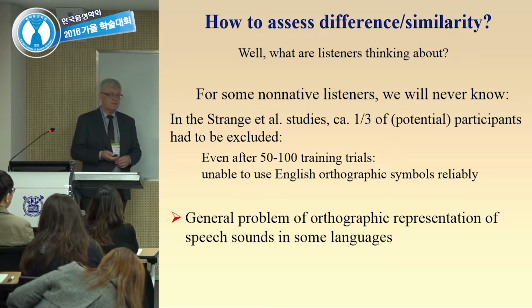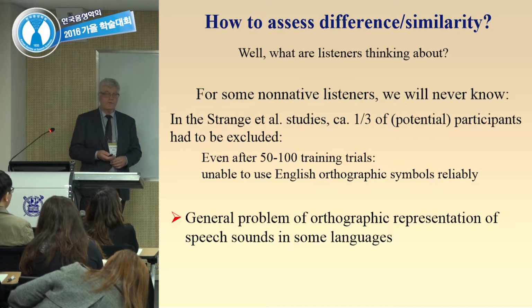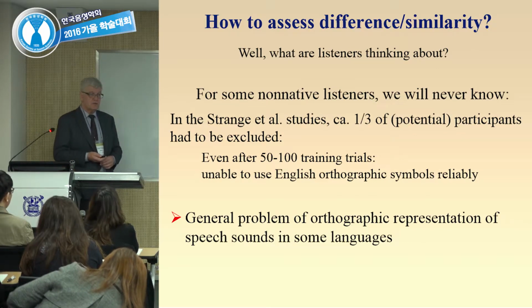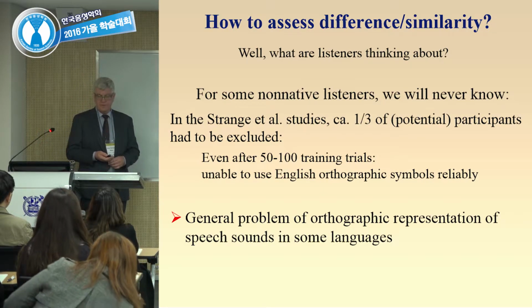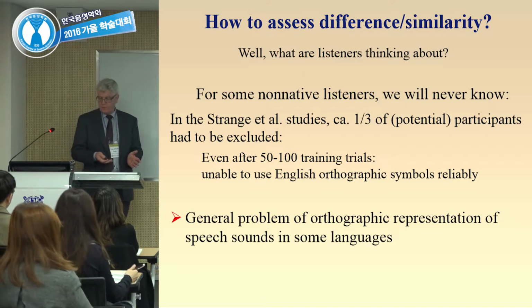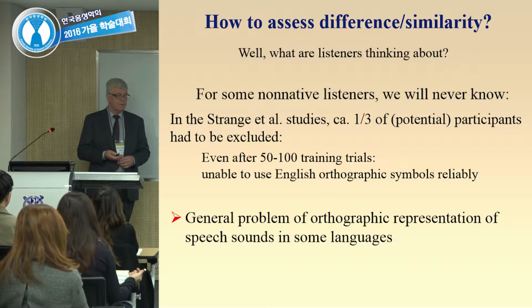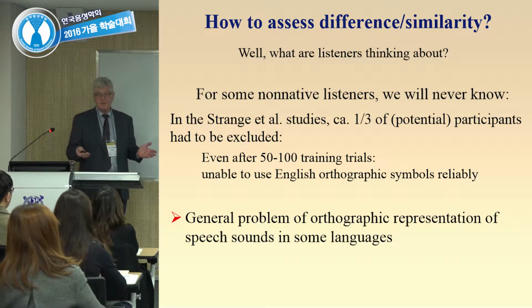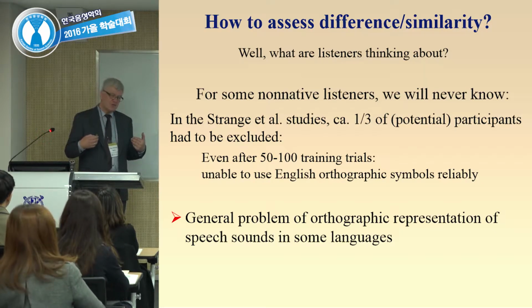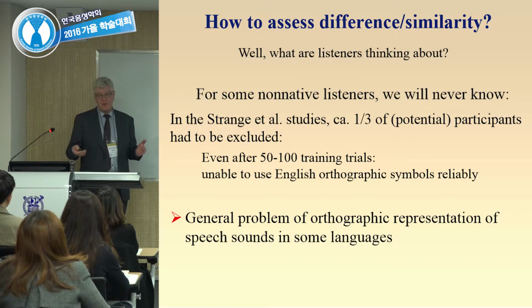In the studies that I did with Winifred Strange, we had to exclude 1/3 of the participants. These were students at the Graduate Center of the City University of New York. So they were pretty smart people. 1/3 of them had to be excluded. The reason for this is something that Koreans and Germans, of course, don't have, because we have reasonable orthographies.